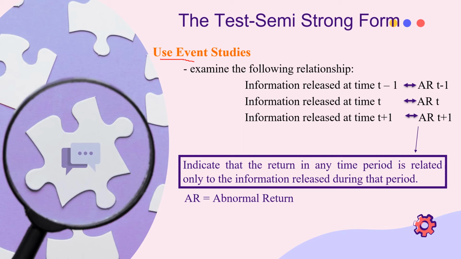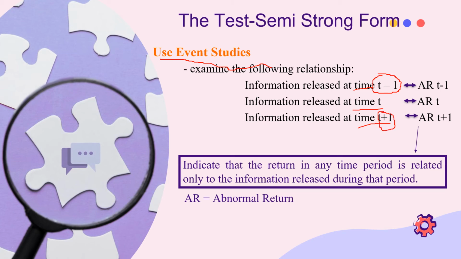We use event studies. Examine the following relationship: the information released at time T minus 1, which is the day before the announcement, at time T, which is the announcement day, and at time T plus 1, which is after the announcement.